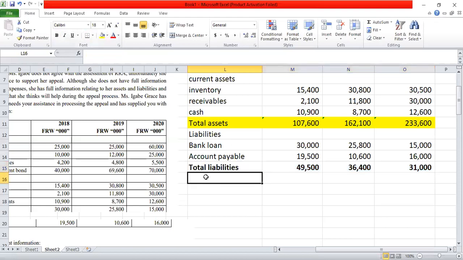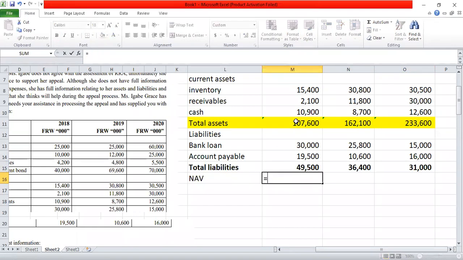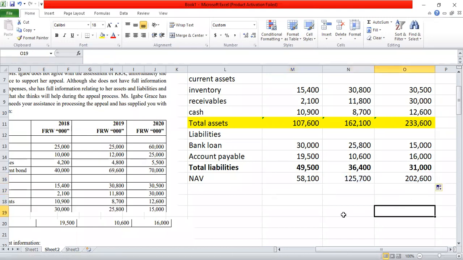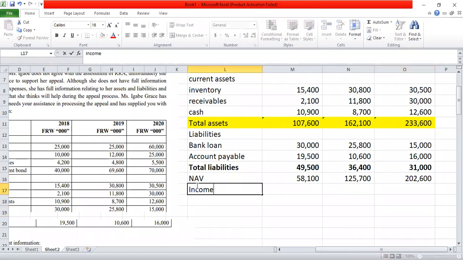Then I can get my net asset value, which we said it is the assets minus the liabilities. Assets minus liabilities, I get the net asset value. So then I said to get an income, the income for the year.